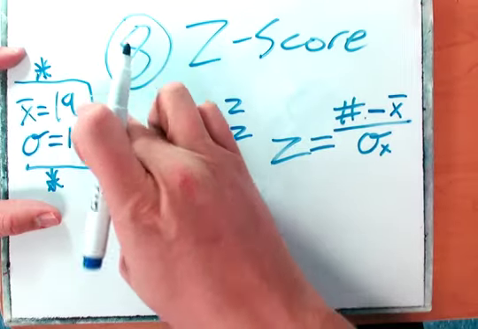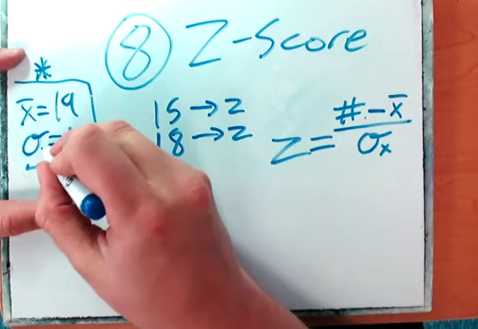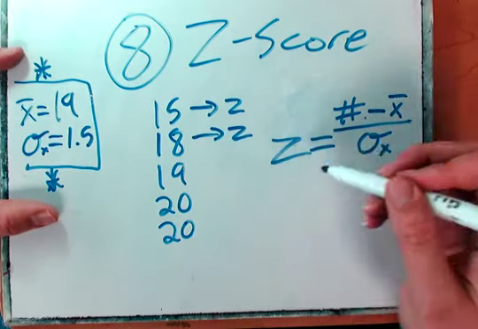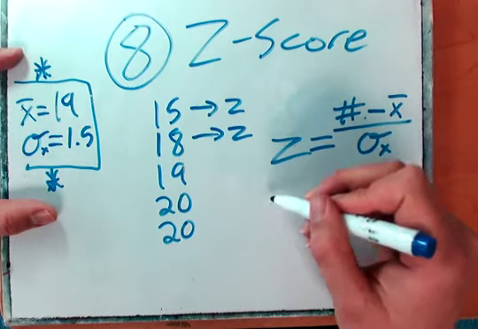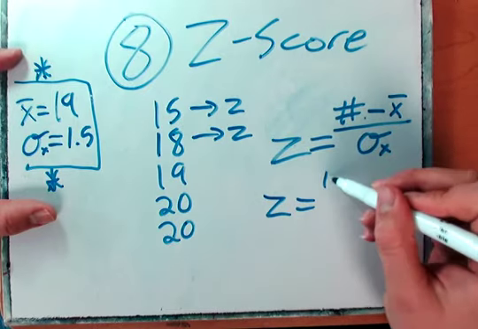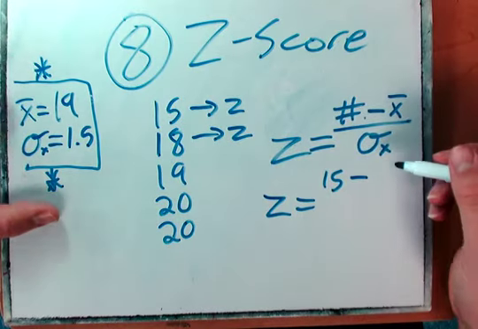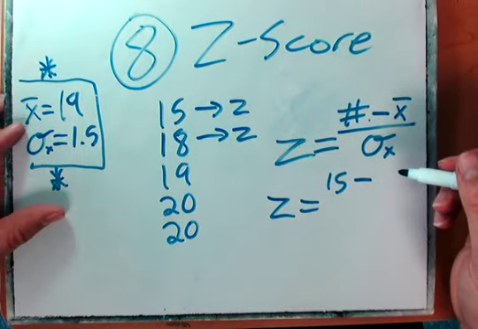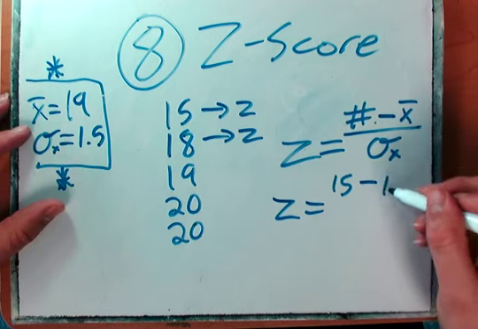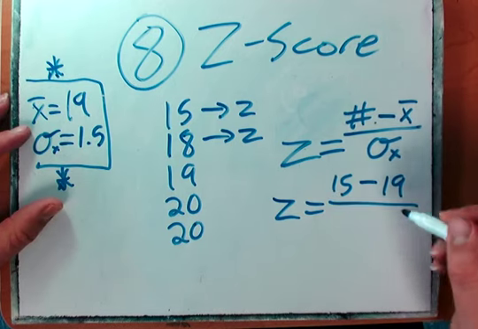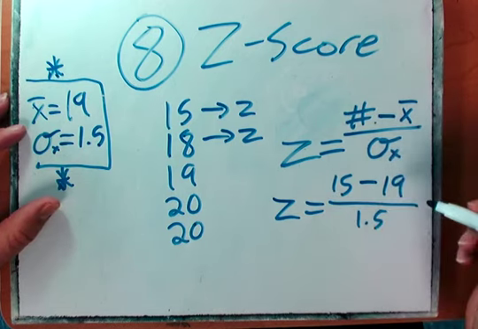So if we have those values for that data set of x, the z-score for 15 is 15, because I'm using this first data, minus x bar, which we have over here, which is 19, all over 1.5.